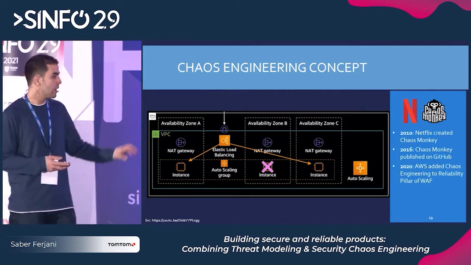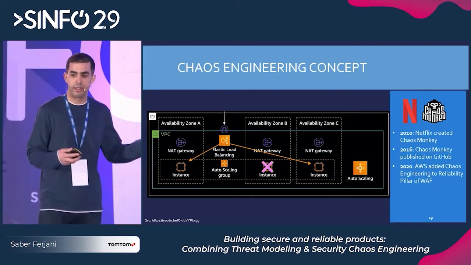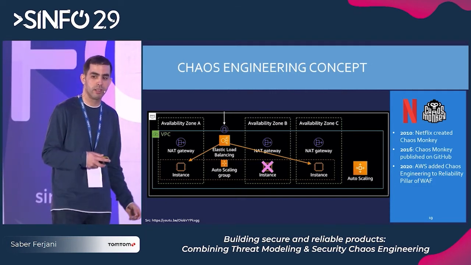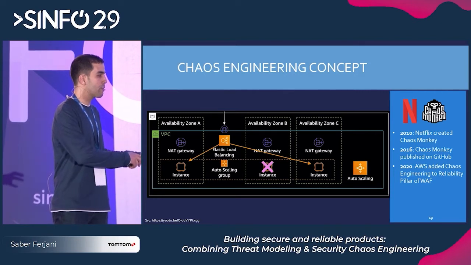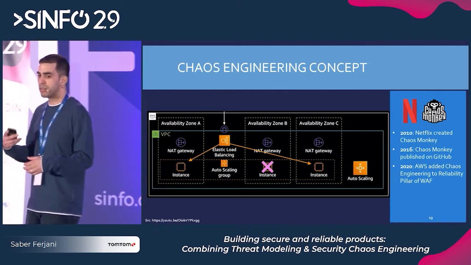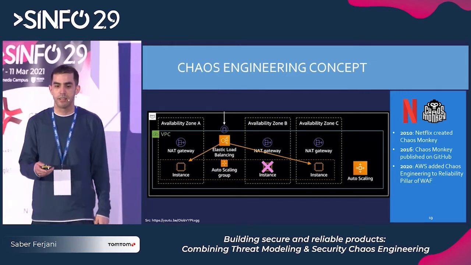What would happen? The elastic load balancer should actually behave accordingly. This instance is no longer available. The health check shows that the instance was killed. So we need to reroute as much traffic as possible to the other availability zone. And in the meantime, take whatever action necessary in order to reinstantiate that instance.